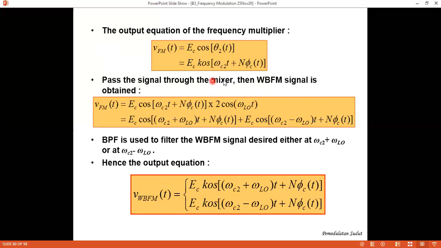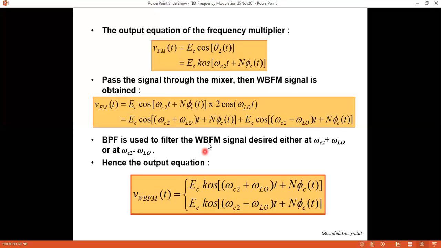At the mixer, we multiply our multiplied FM signal with FLO. So this is our multiplied signal times our FLO. As usual, it will produce the upper and lower sidebands. The upper sideband is omega C2 plus omega LO plus n phi C(t). For the lower sideband, omega C2 minus omega LO plus n phi C(t).